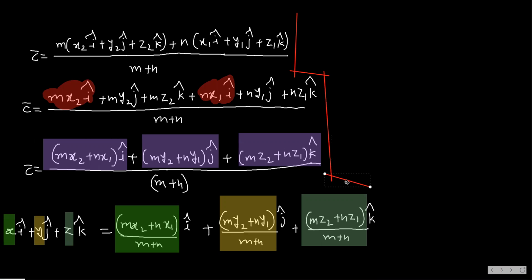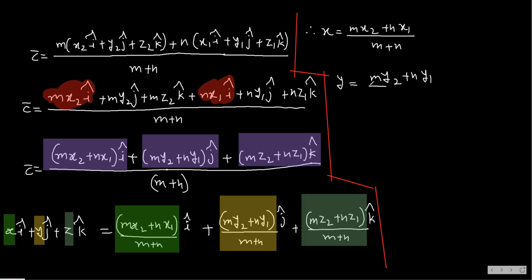Therefore, x equals mx2 plus nx1 upon m plus n. y equals my2 plus ny1 upon m plus n.